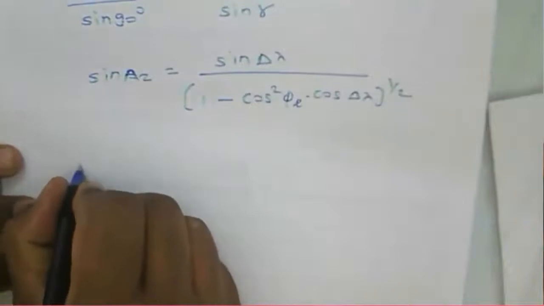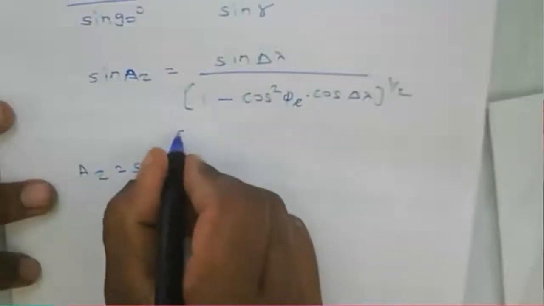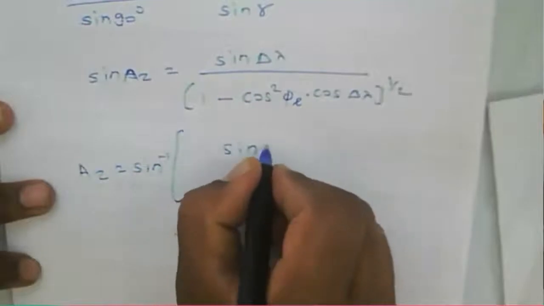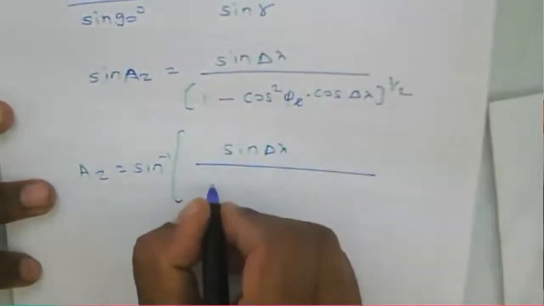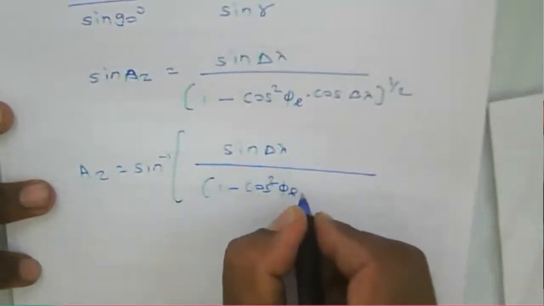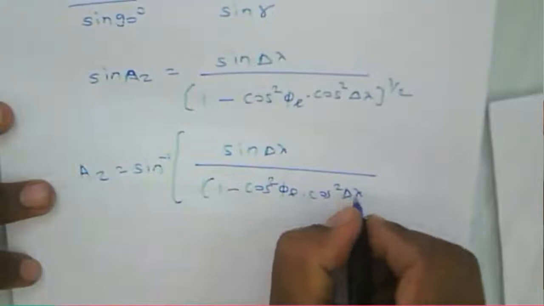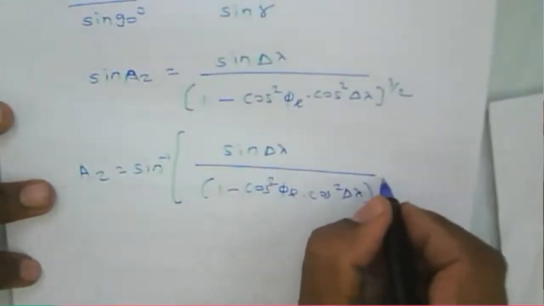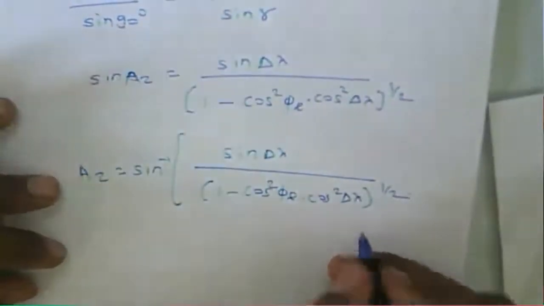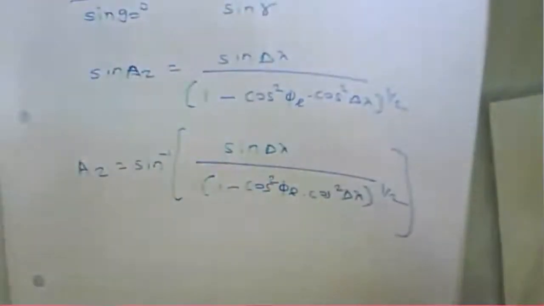Or we say directly that azimuth is equal to sine inverse of sine of delta lambda over the square root of 1 minus cos square phi e cos square delta lambda. Okay, that is nothing but the azimuth angle.